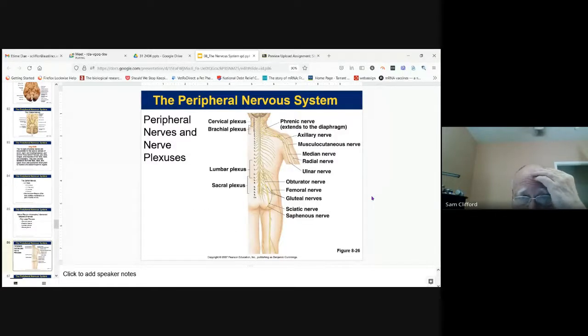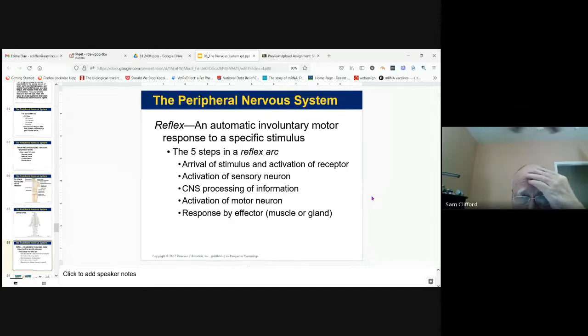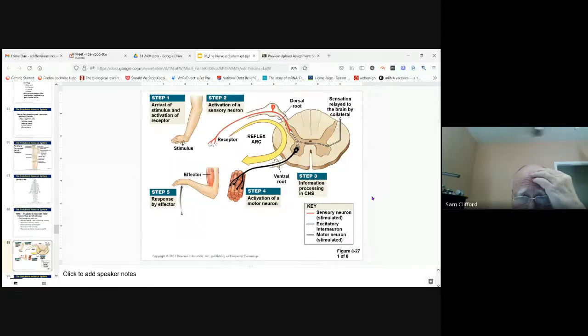We talked about that. What's a reflex? We have a reflex where you have a receptor being activated by a stimulus. That pathway goes on through the dorsal root into the dorsal horn of the gray matter of the spinal cord.